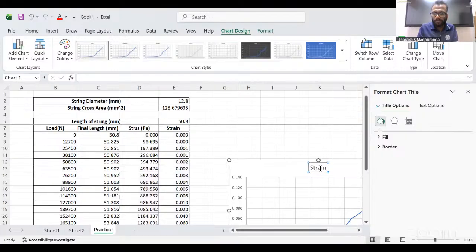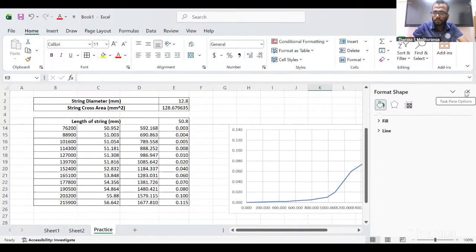You can rename the topic: the relationship between stress and strain. This is the topic.